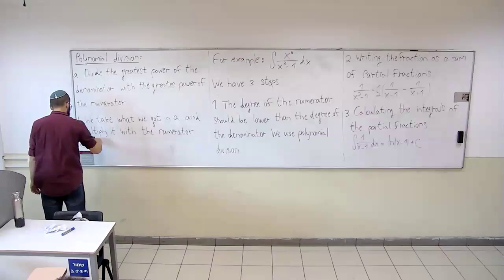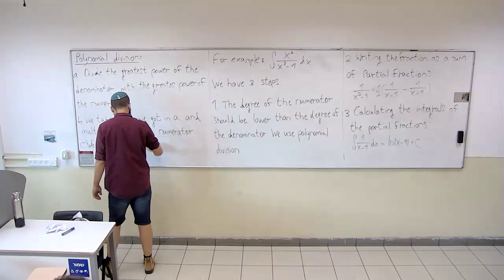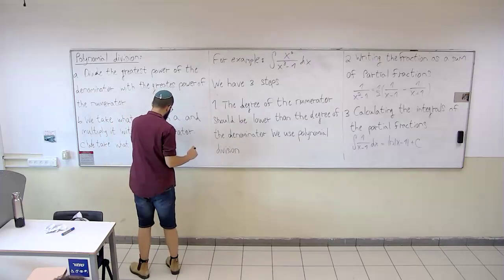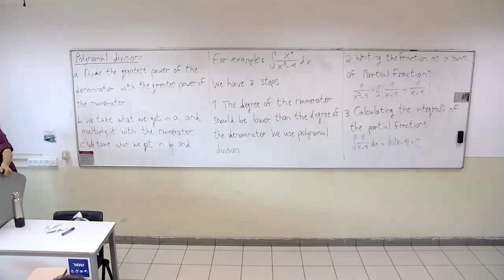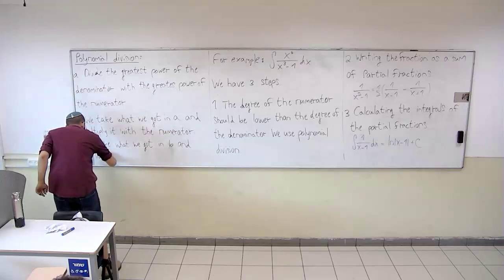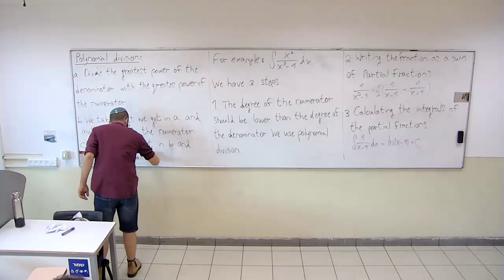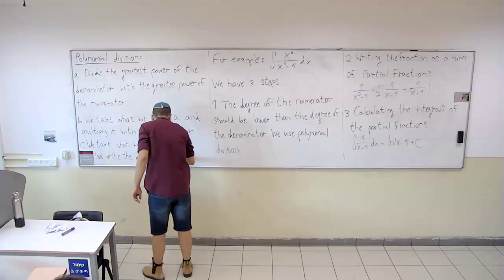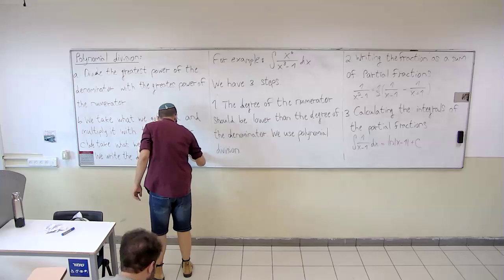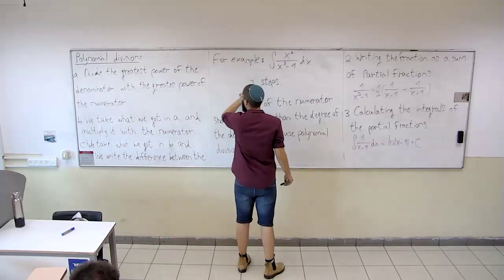And C, we take what we got in B and we write the difference between this and the denominator.